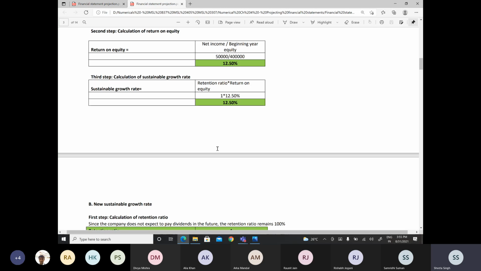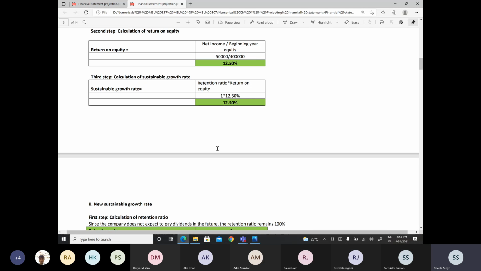Third step in how we calculate the sustainable growth rate is nothing but retention ratio into the return on equity. So our retention ratio has been 1 and the return on equity is 12.5%. So we can very easily say that the company will grow at 12.5% in the future as well, because that is the growth that has been shown in the previous year.